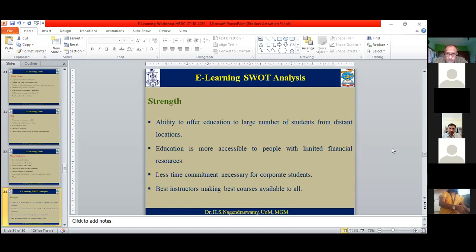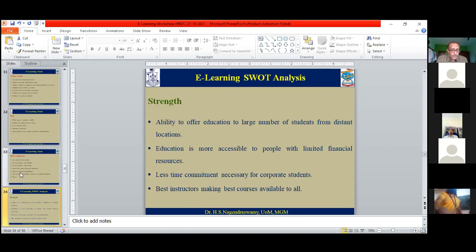But e-learning is the solution to that. That person's lecture can be recorded live, and that can be made available to all, right? So if there is no network failure, then definitely we can access that person's same instructions on that particular topic. And that is the strength of e-learning.